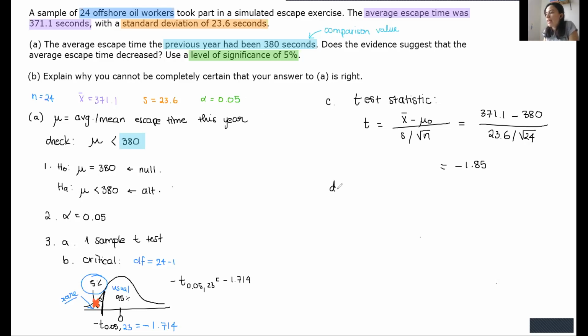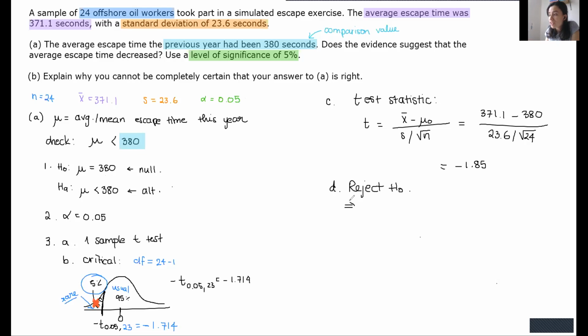All right, and then that means that our original assumption that mu was actually equal to 380 is no longer a reasonable explanation, right? It can't account for how extreme a result we got. And because it can't be a reasonable explanation, what we say is that we reject the null hypothesis, H naught.